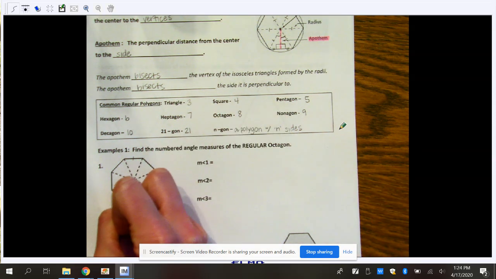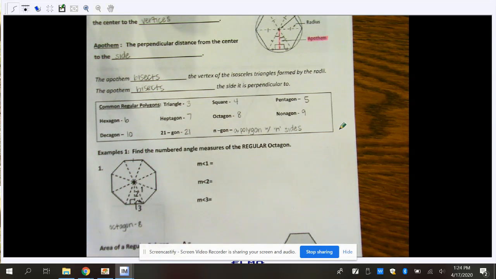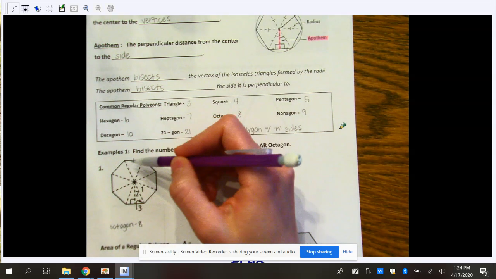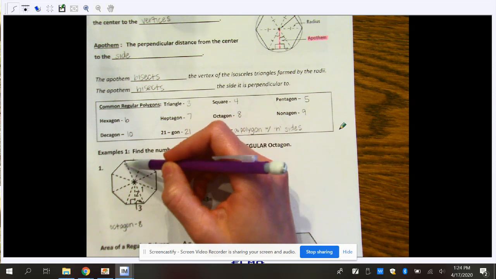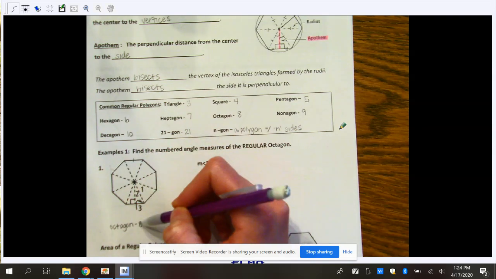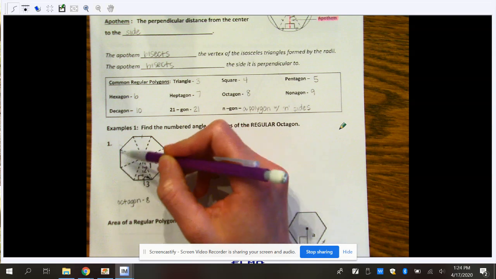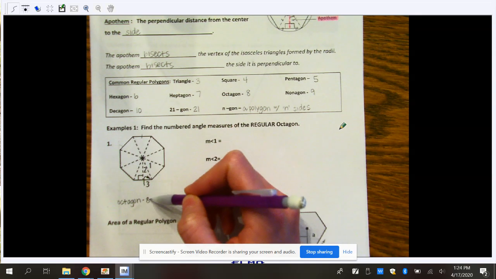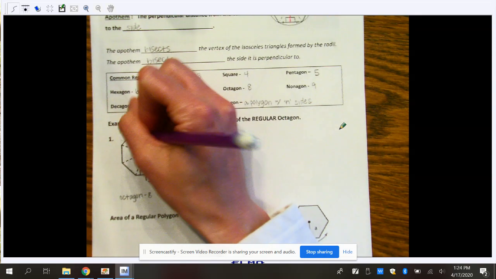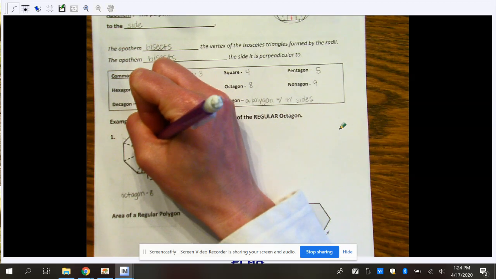So this is an octagon, which means it has 8 sides. Okay, so then remember from first trimester, the way that you can figure out the measure of each exterior angle is by taking the 360, the total degrees in a circle, and dividing it by that number. And the exterior angle is going to be the same as all of these.